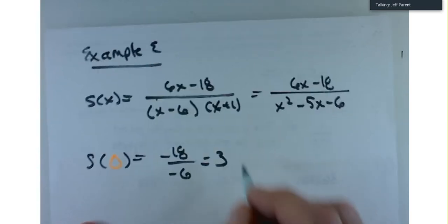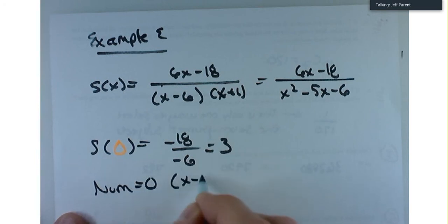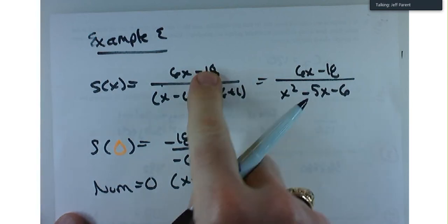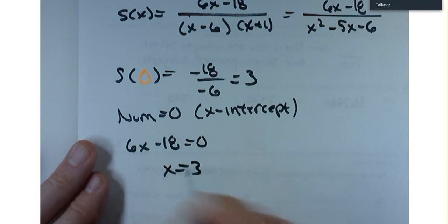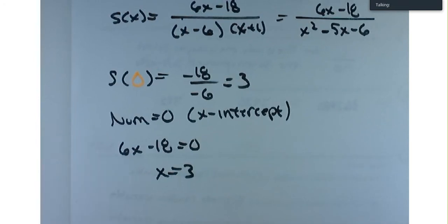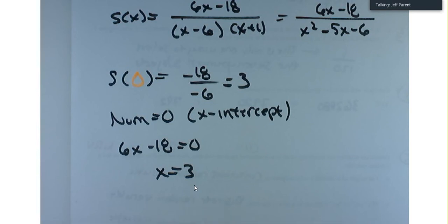What about setting the numerator equal to 0? Numerator equals 0 gives you the x-intercept. You don't have to worry about the denominator. 6x minus 18 equals 0. I'll just jump to the happy ending there. x equals 3. That's your x-intercept. So, nice.